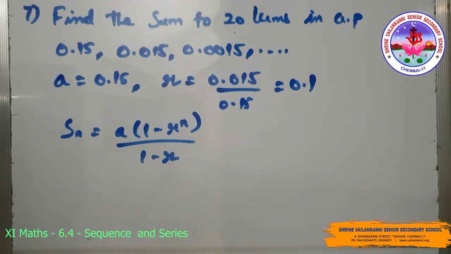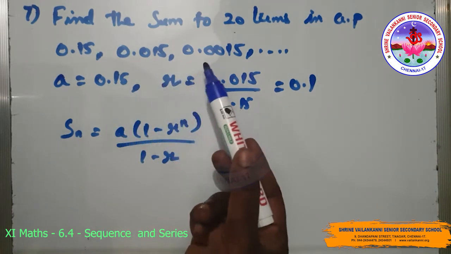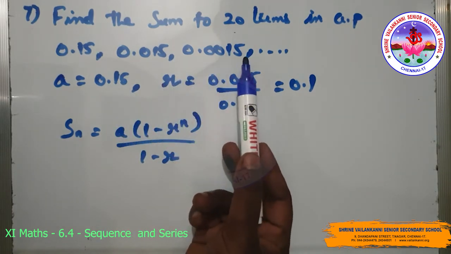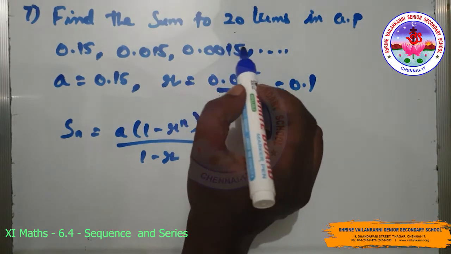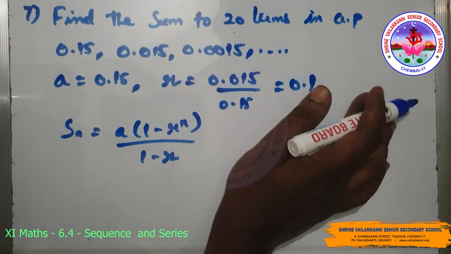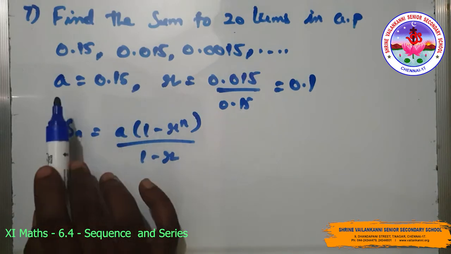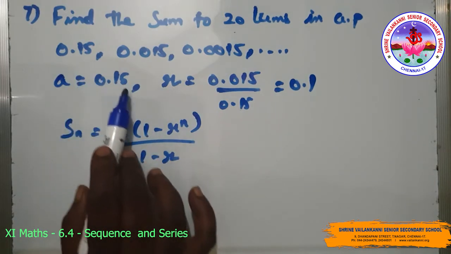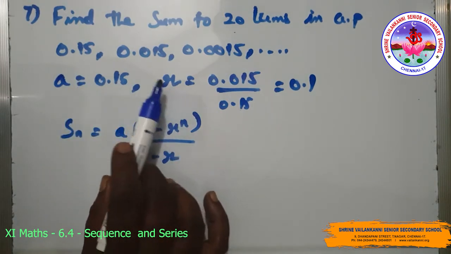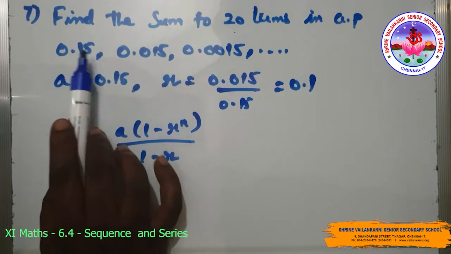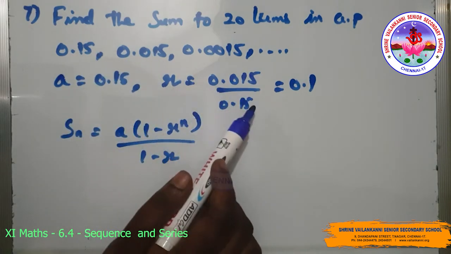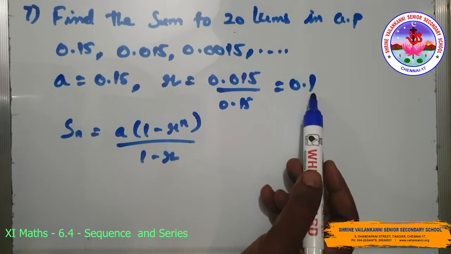Seventh question. Find the sum to 20 terms in the GP 0.15, 0.015, 0.00015, etc. Then a is the first term, which is 0.15, and r is a2 by a1, so 0.015 by 0.15, which is 0.1.